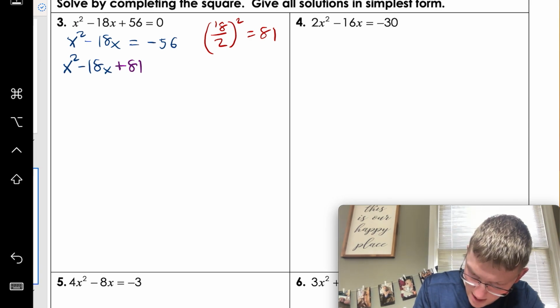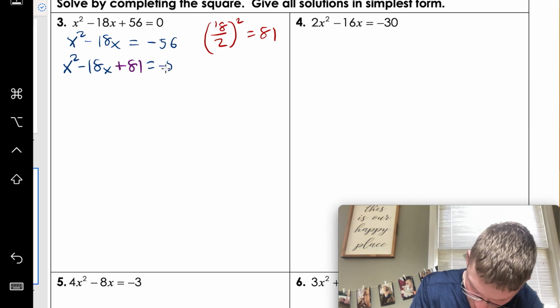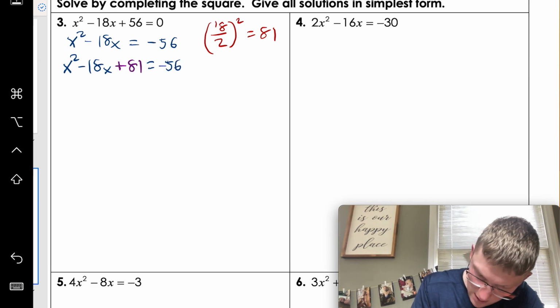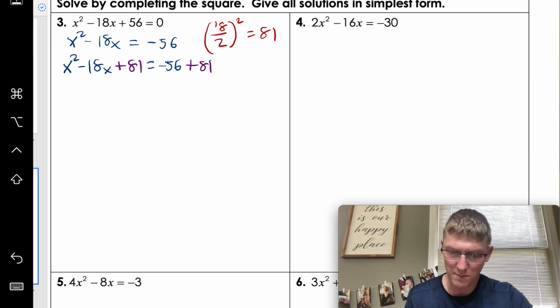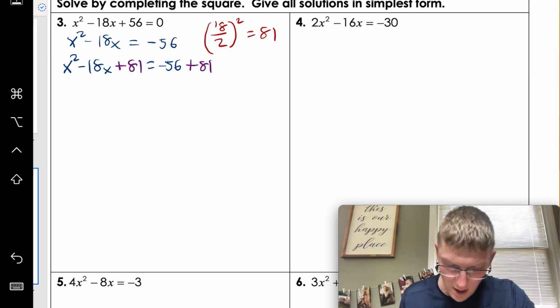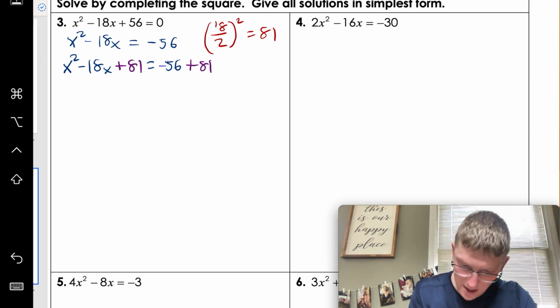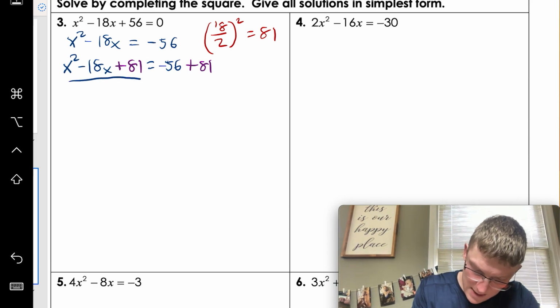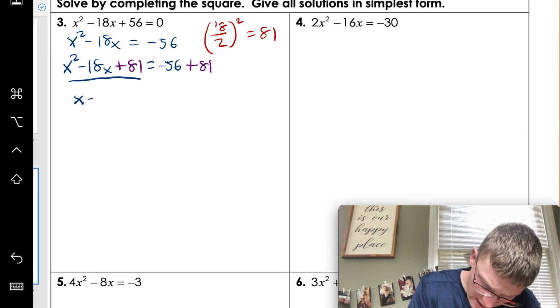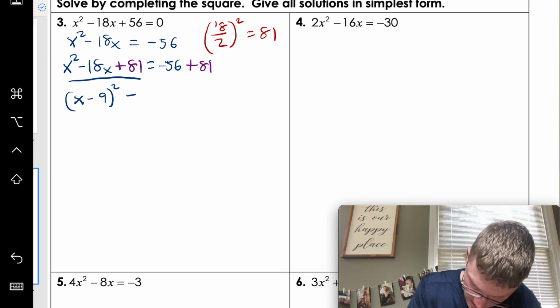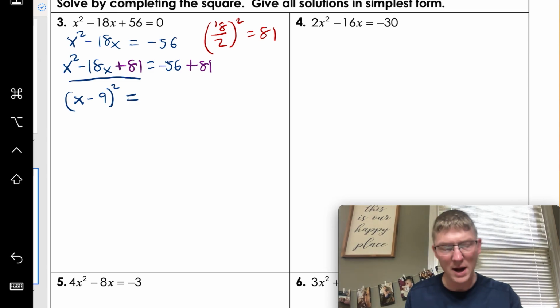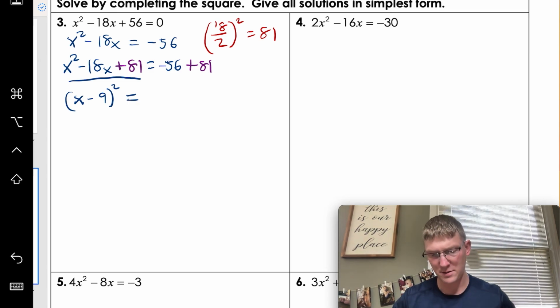Okay, so we added 81, equals negative 56, and we have to add our 81 to the other side to make sure that we don't break any math rules. So from there, we can factor this side. So we've got x minus 9 squared. And then we need to combine like terms on that side.